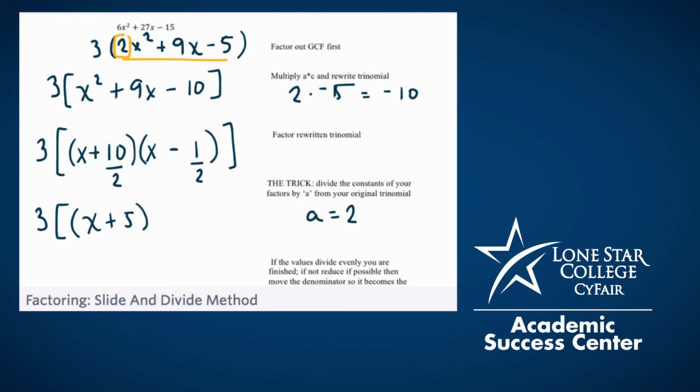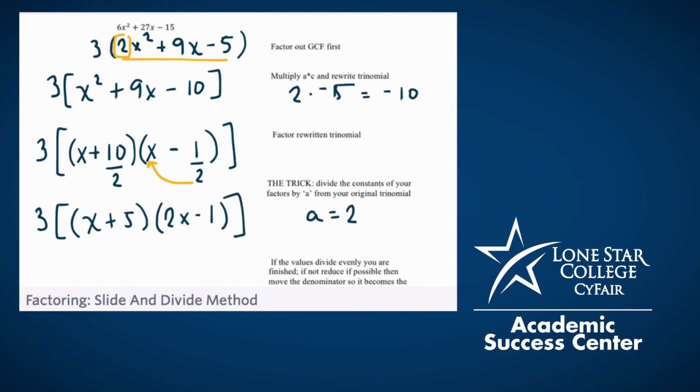So now we have our nice, neat factor. And if we look at our back factor, x minus 1 over 2, it's reduced. 1 divided by 2 doesn't necessarily divide evenly, so what we'll want to do is the trick, which is take that denominator and make it the coefficient on x. So now our back factor becomes 2x minus 1.